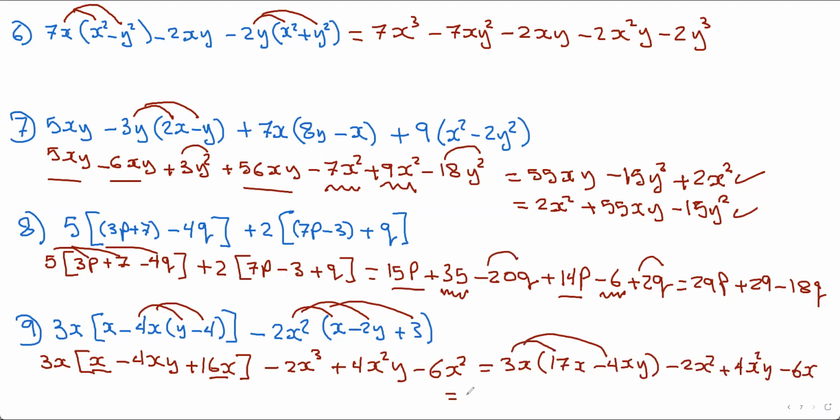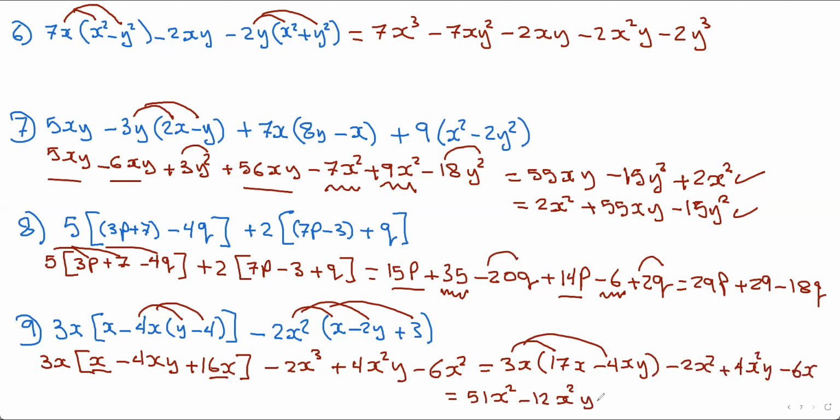So I'm going to have 3 times 17x. So that's 51x squared. 3x times -4xy, we're going to get -12. x times x is x squared, and the y doesn't have anything that we're multiplying it by, so it just stays like this.